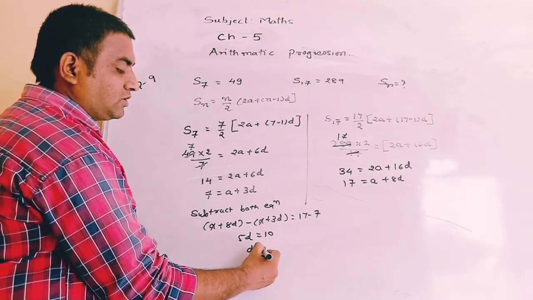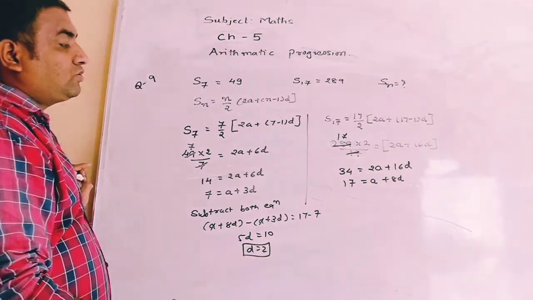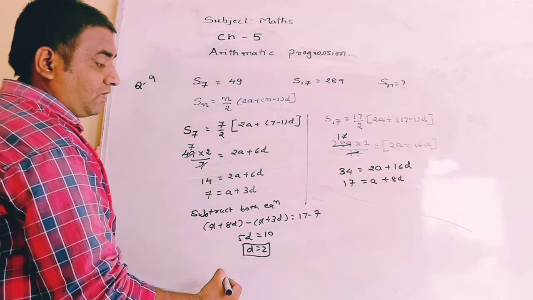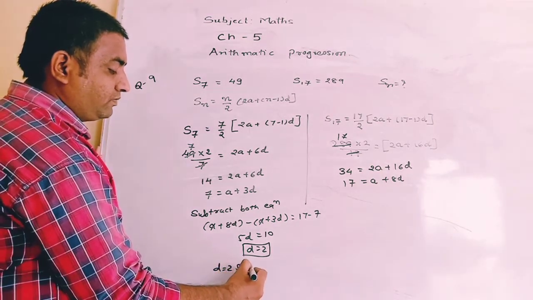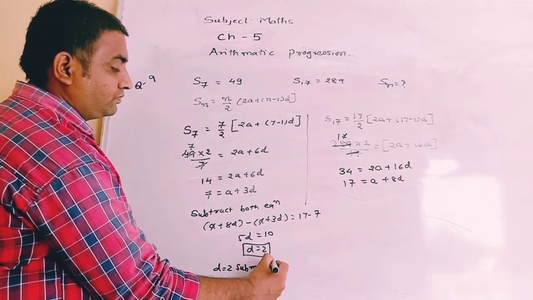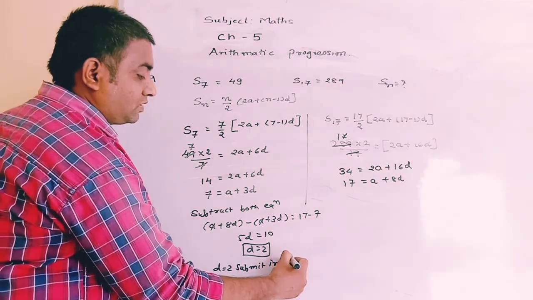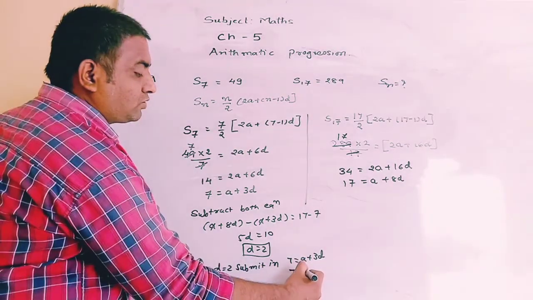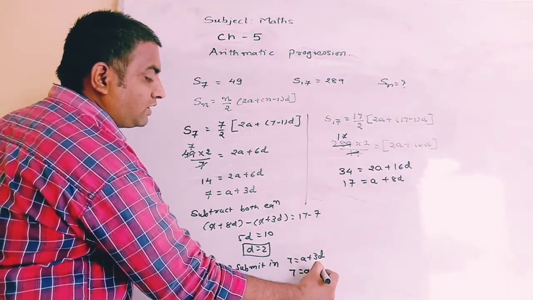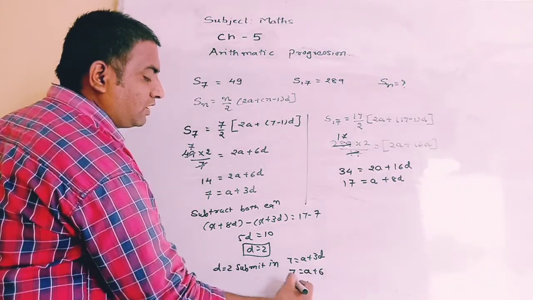So d equals 2. Now, d equals 2, substituting in 7 equals a plus 3d. Then 7 equals a plus 3 into 2, that is 6. So a equals 1.